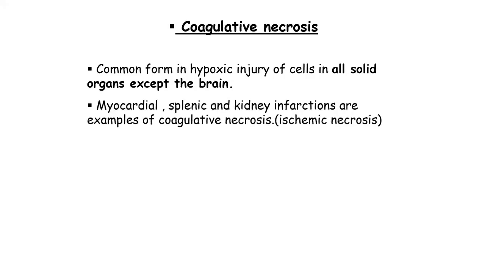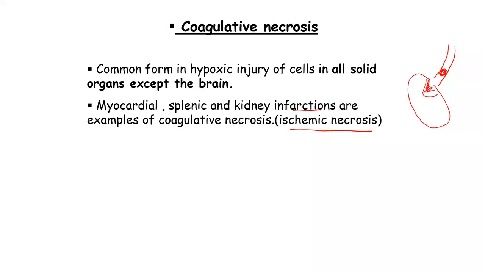Coagulative necrosis. What is coagulative necrosis? It is the common form in hypoxic injury of cells in all solid organs except the brain. What are these solid organs? Heart, spleen, kidney. Infarctions occurring in the heart, spleen, and kidney are examples of coagulative necrosis. What is meant by infarction?